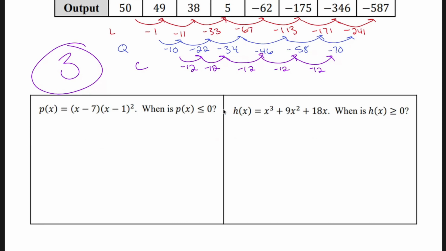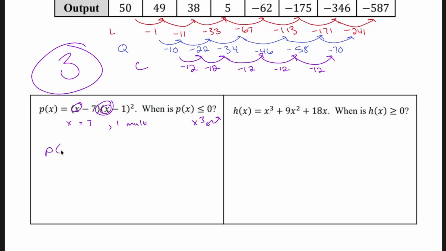All right. Lots of the same stuff, but we're just doing a little bit more. We're going to make ourselves sign graphs out of this based off of what we have. So I need to find out when p of x is less than or equal to 0. So I have an x here. I have 2 x's here because it's squared. This is a positive cubic, so it's going to look like this. Here I have zeros at 7 and 1, but at 1 there's a multiplicity of 2.